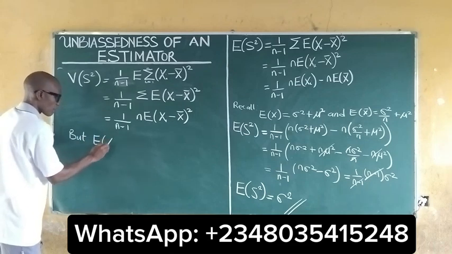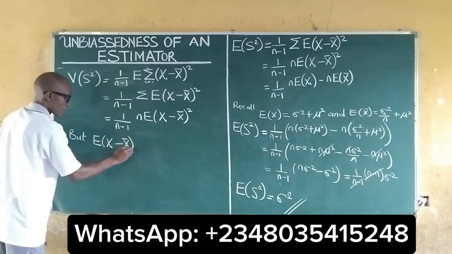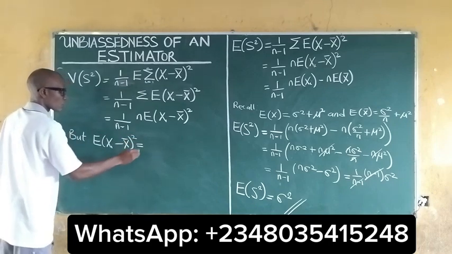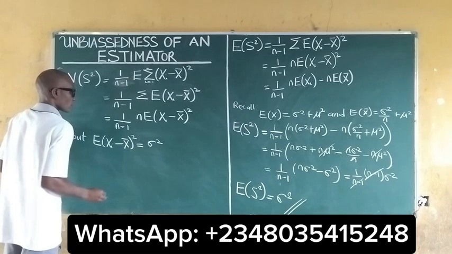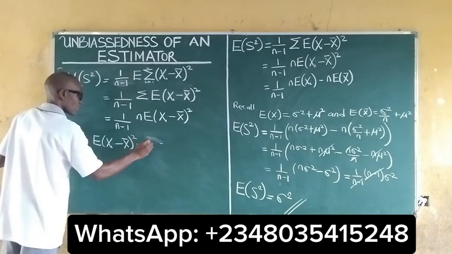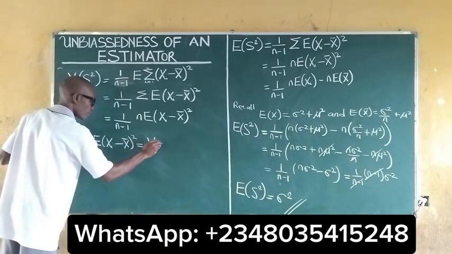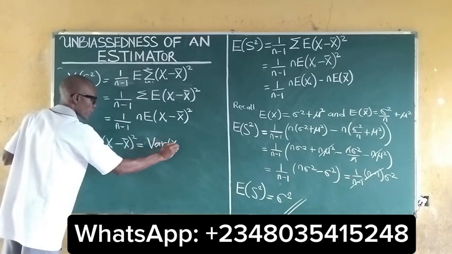And we know that the expected value of xi minus x bar all squared is equal to sigma squared, which is the variance. It's equal to the variance of x.